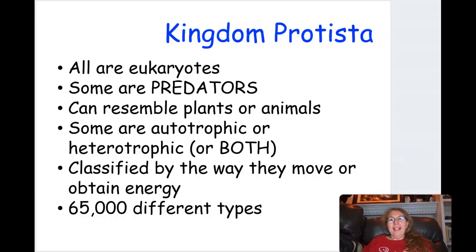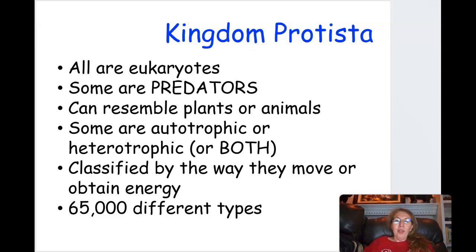The first one of these is the kingdom Protista. All protists are eukaryotic, meaning that they have a distinct nucleus and membrane-bound organelles. They can be multicellular, but most are unicellular. Some are predators. They can resemble little plants or little animals.